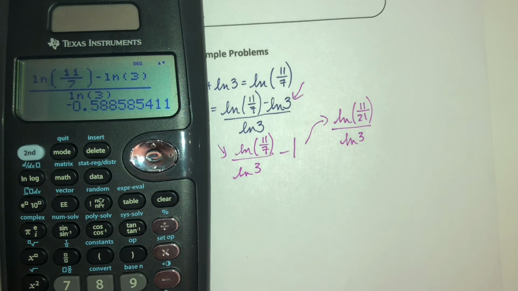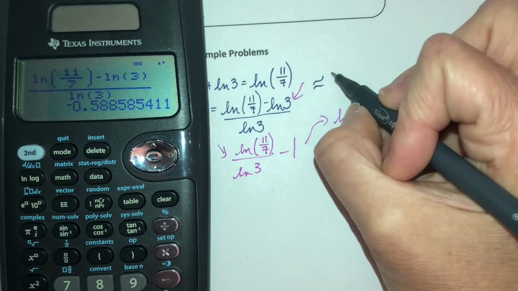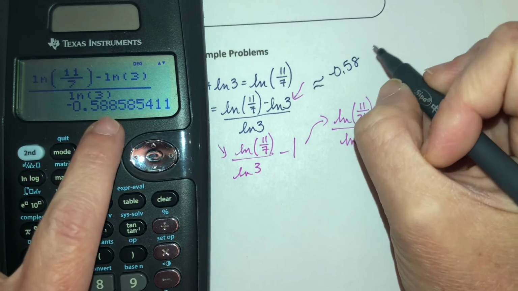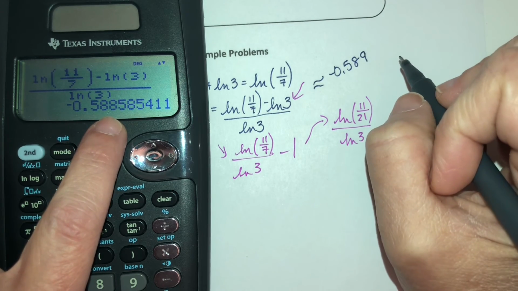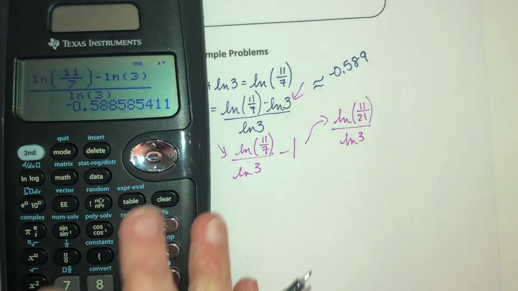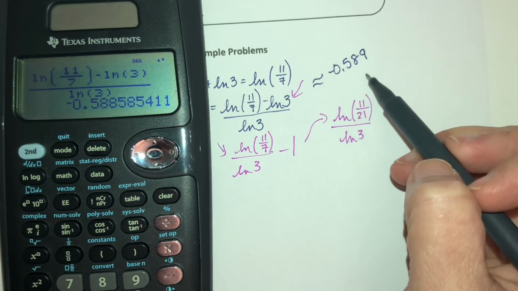And I get approximately negative 0.58. Like I said, I usually want 3 decimal places, so negative 0.589.